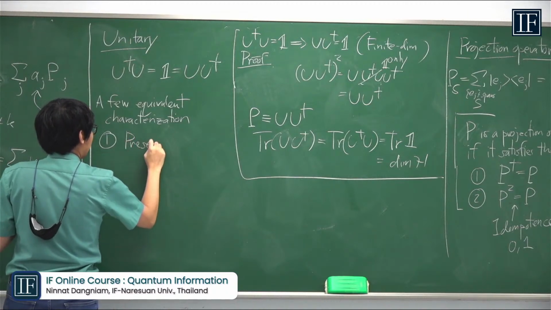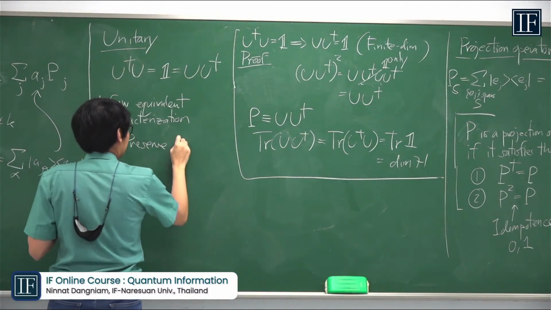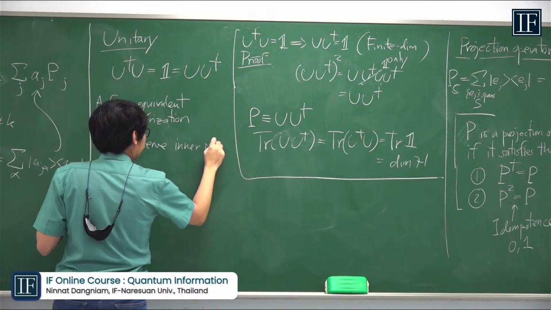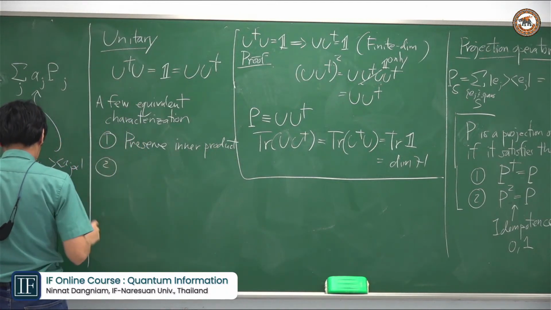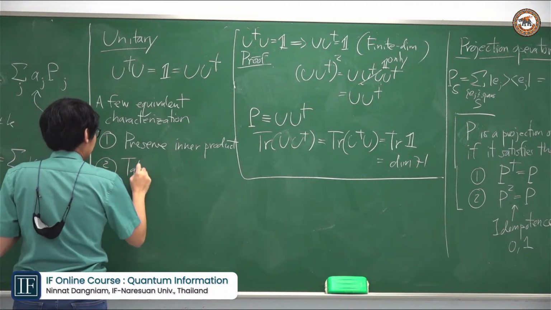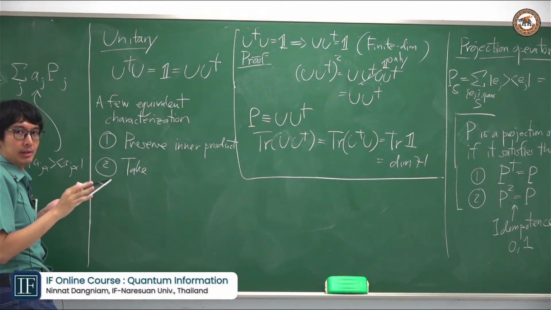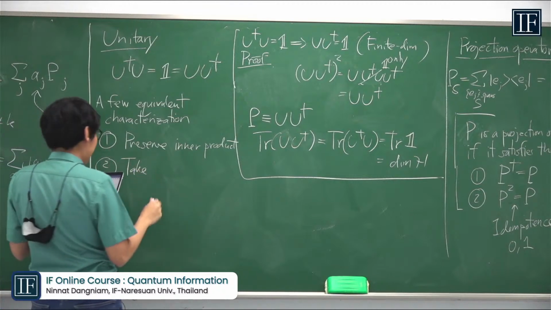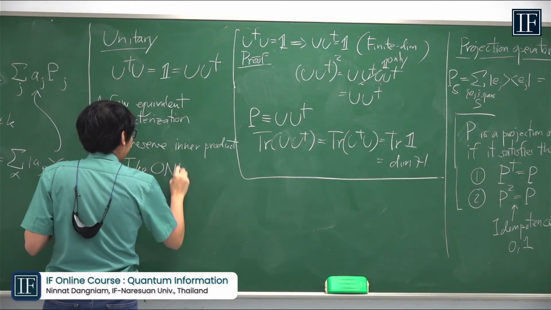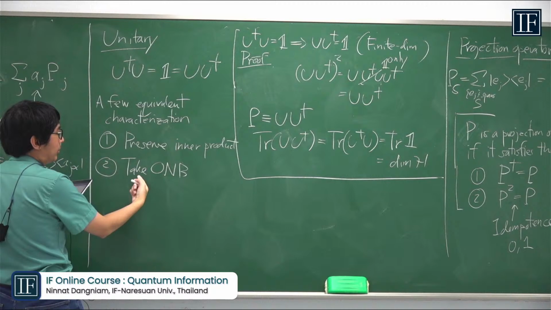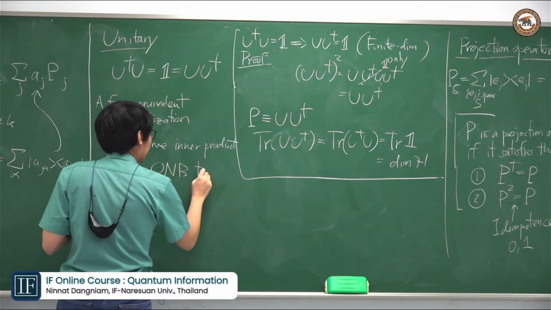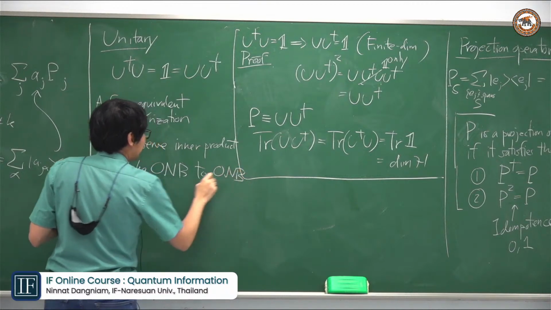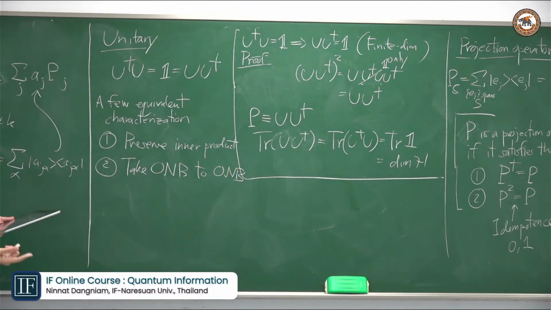One is that it preserves the inner product. All of this should be easy to verify, or you have already seen it. Equivalently, it takes an orthonormal basis to another orthonormal basis, because it preserves the inner product. In particular, it preserves the length of the vector.